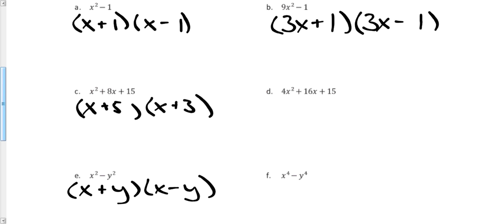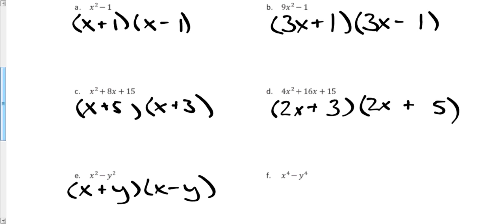All right. What did we get here? 2x here, 2x here. 3 and 5, right? How many people got +1 and +15? So if I do 2x plus 1 times 2x plus 15, and I multiply these two things together, what do I get?